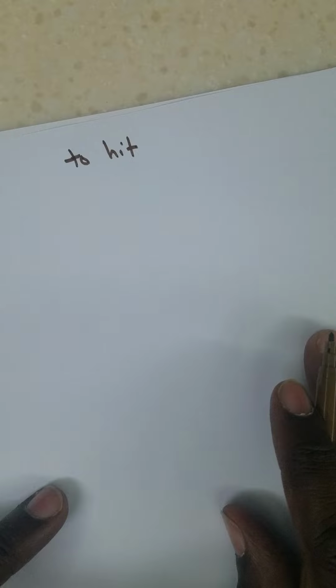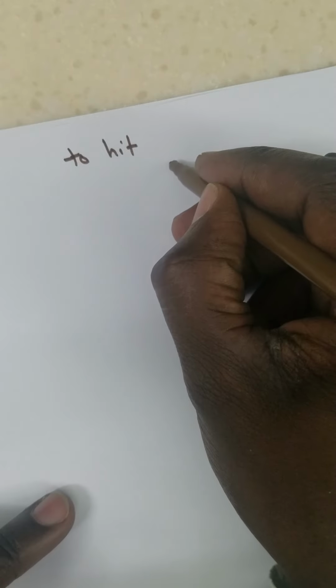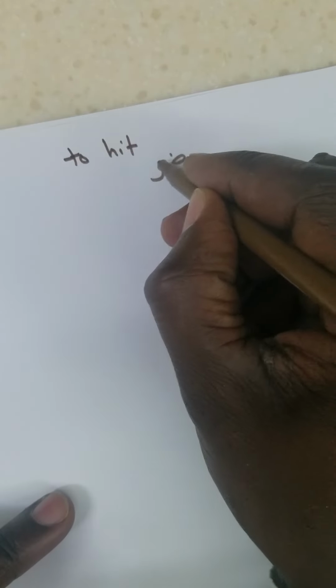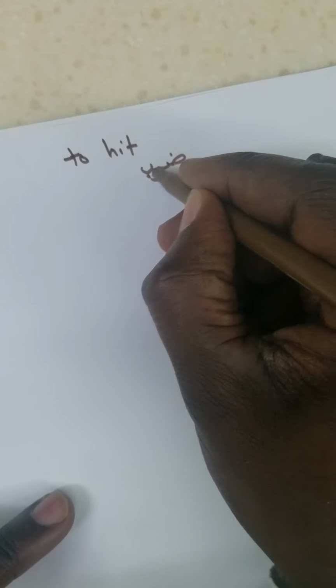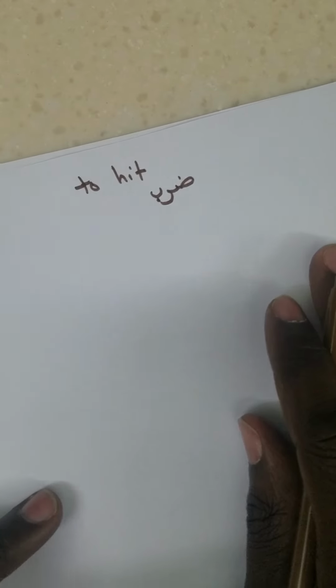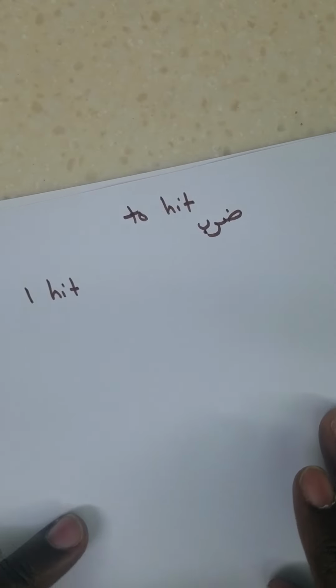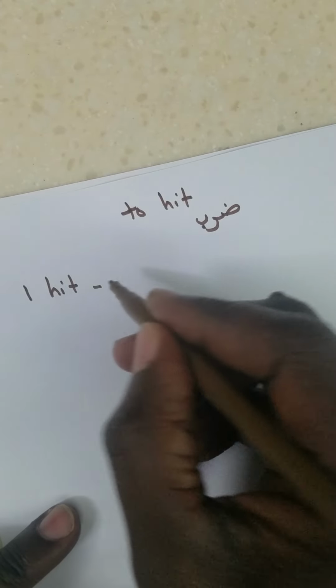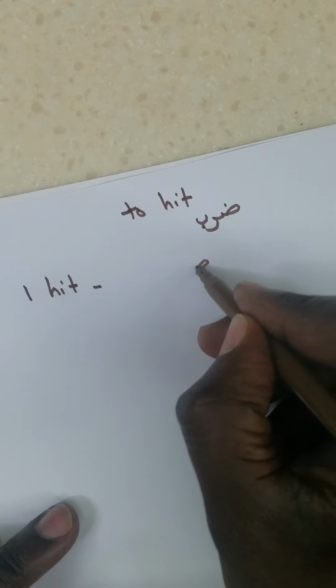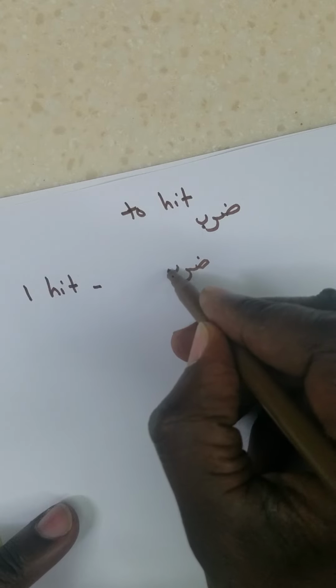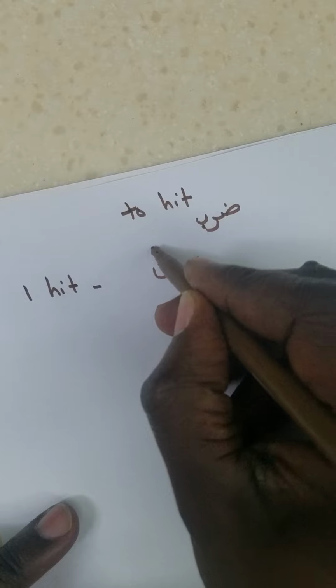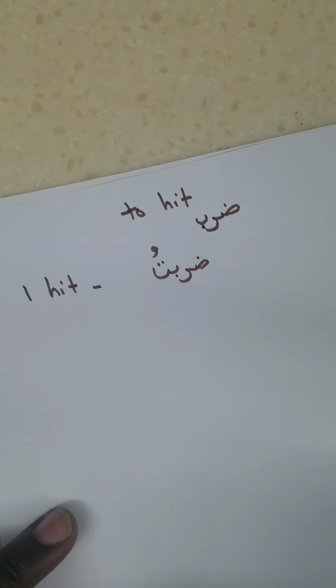Okay, we have another verb, to hit. To hit is daraba. So if you want to say I hit, you write darabtu. You remember that.